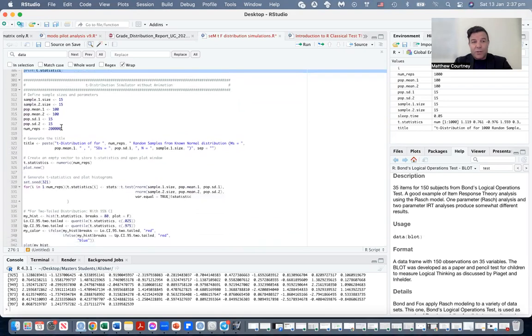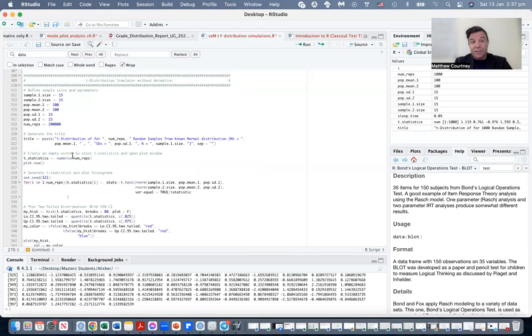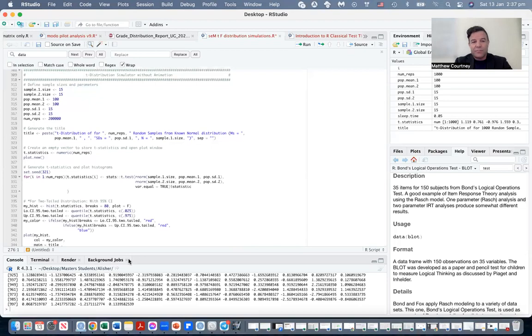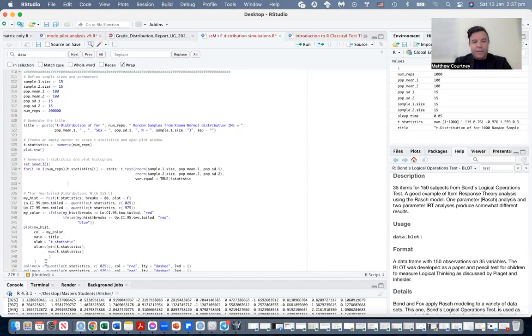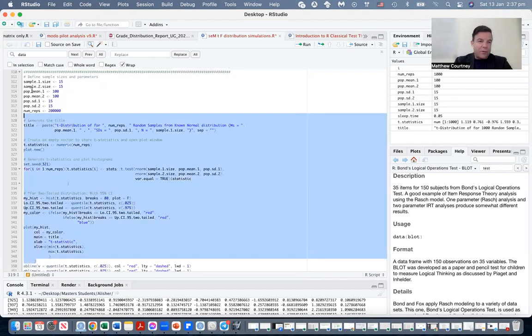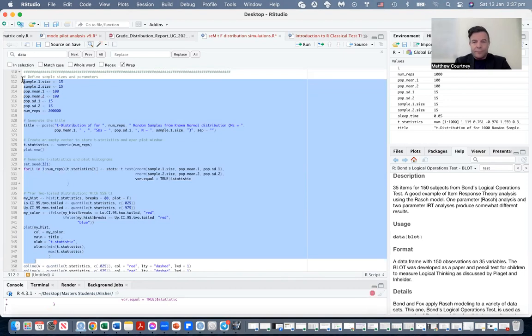So let's do 200,000 replications this time, but without animation. And we can plot the results. You can see your computer working down here.